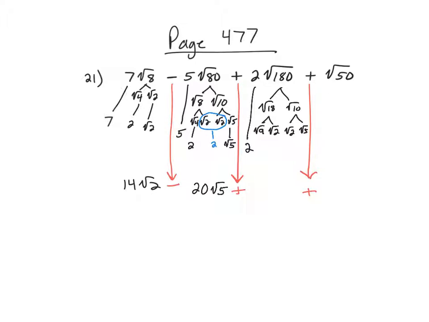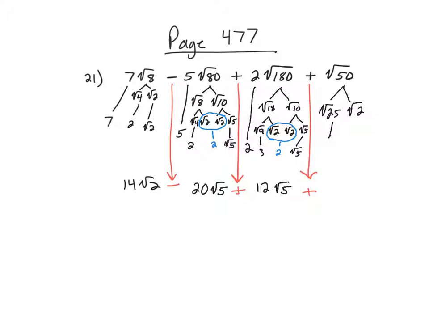So I see some more buddies here. These buddies are going to go together and give me a 2. I know the square root of 9 is 3, and I don't know the square root of 5, so it comes down as it is. Now in this case, I've got 2 times 3 is 6, times 2 again is 12, so that gives me 12 radical 5. And then in my last room, I'm going to write this as radical 25 times radical 2.